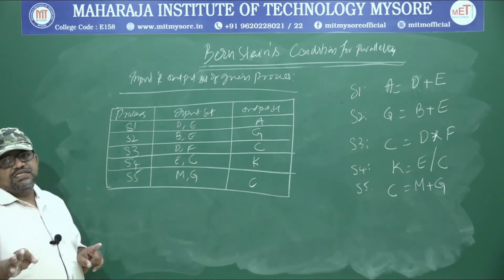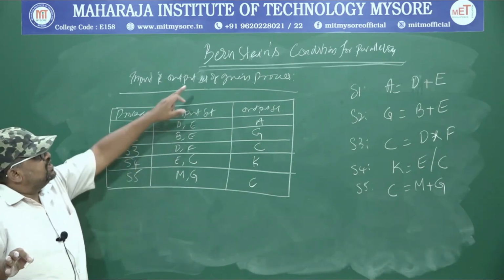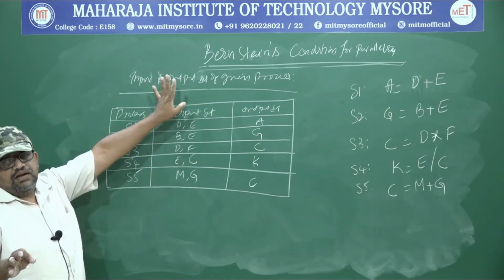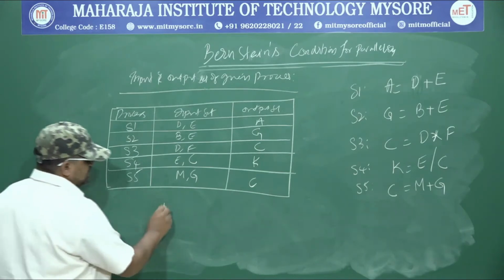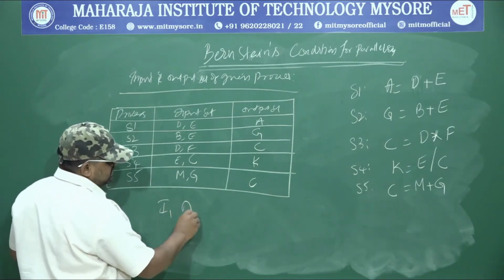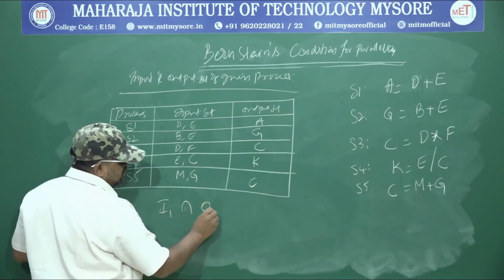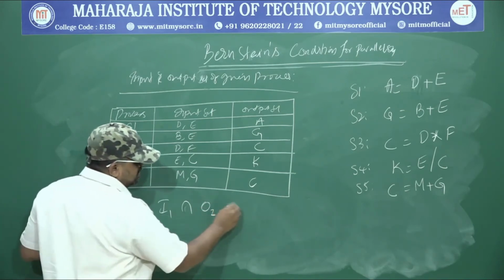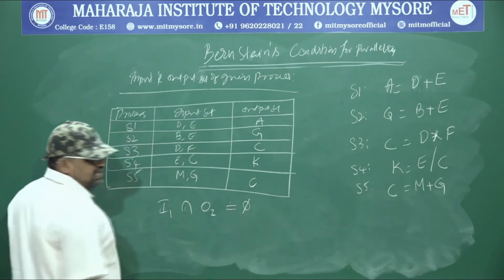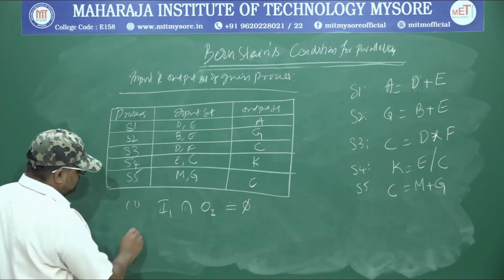Right? And what is the condition given? What is the condition for distance parallelism? The first condition is I1 intersection of output 2 equals to null. This is condition 1.